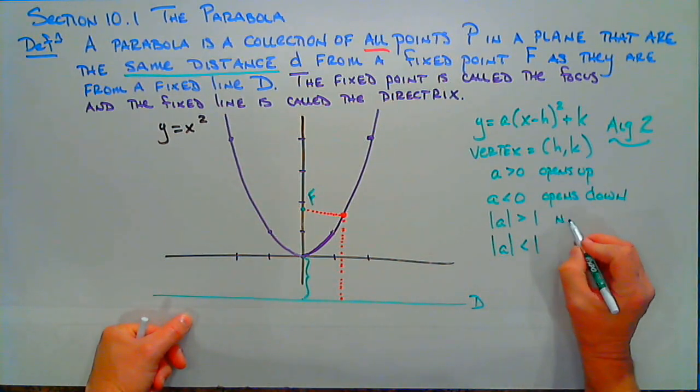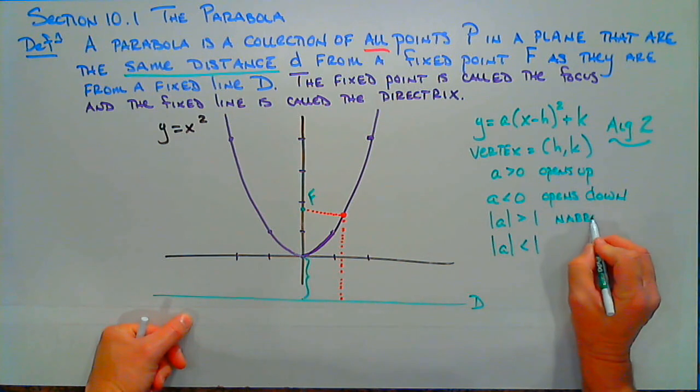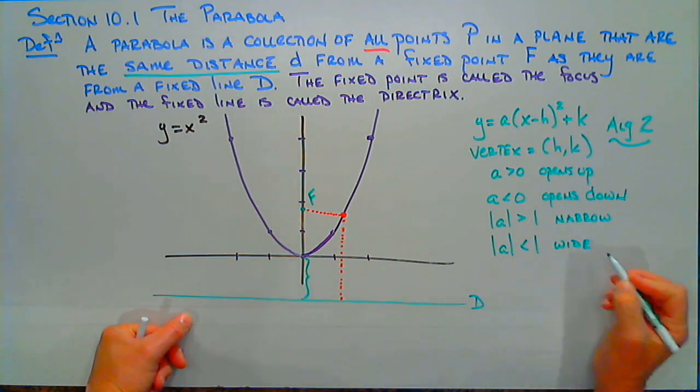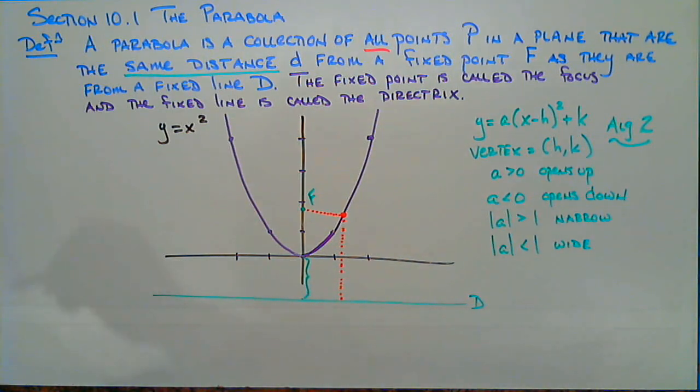Here we said the parabola was narrow, and here we said the parabola was wide. So those were the characteristics, and that was our approach in Algebra 2 to parabolas.